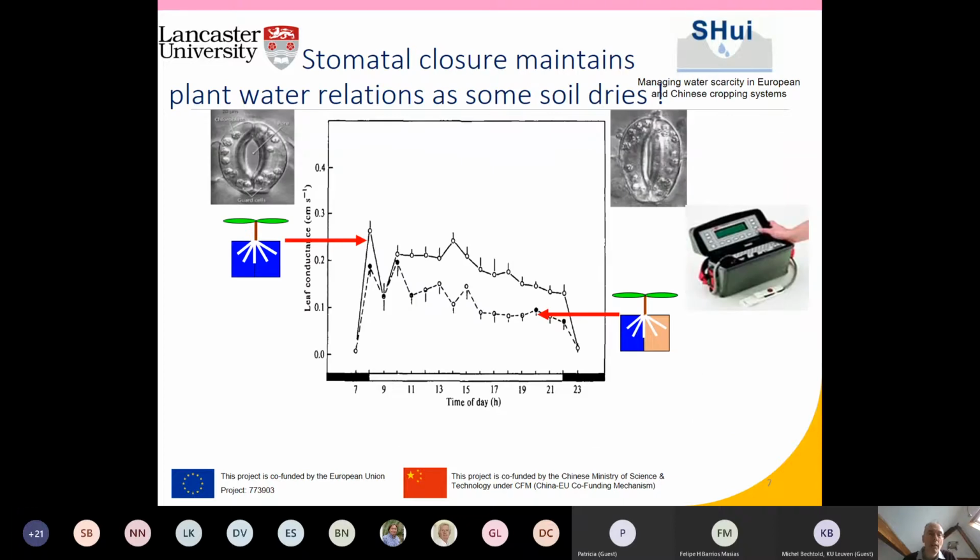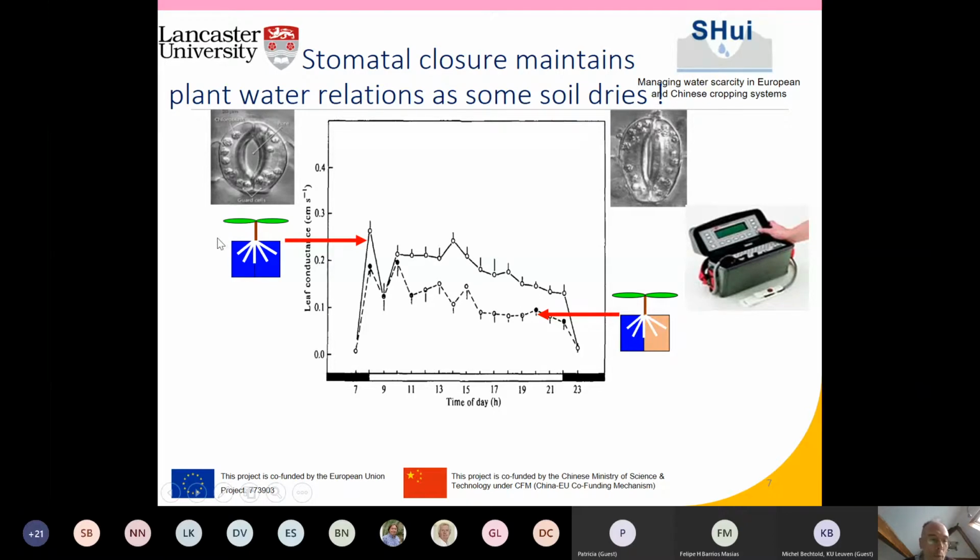These are some data from a viscous flow porometer. Unfortunately, I was unable to secure a picture of a viscous flow porometer from the internet, so I've included a transient time porometer, which I suspect many of you will be familiar with. But what this allowed the researchers to do was actually to look at a diurnal course of stomatal conductance.